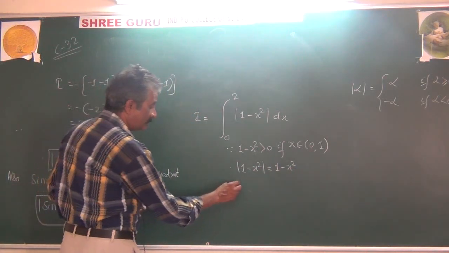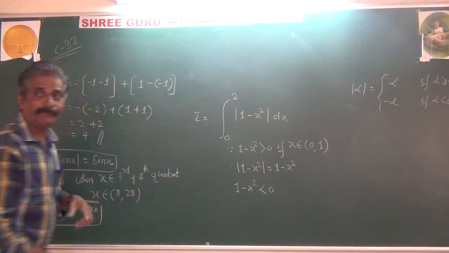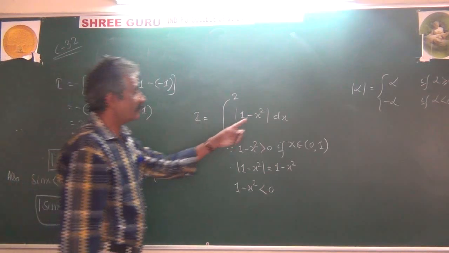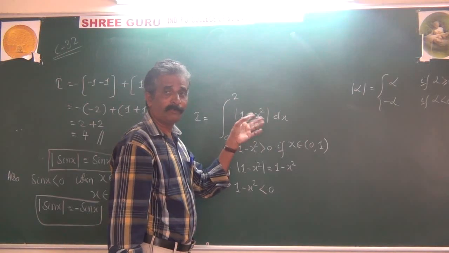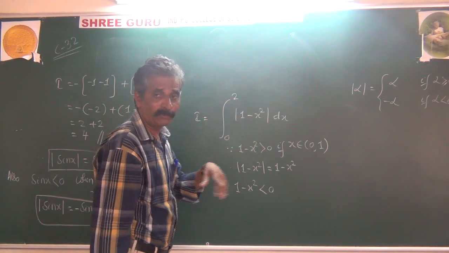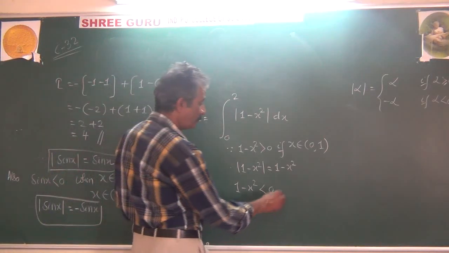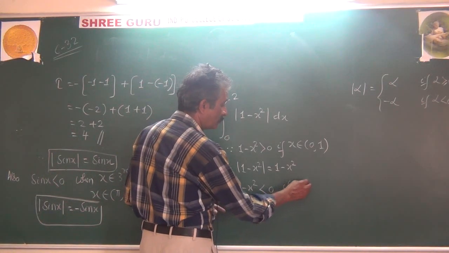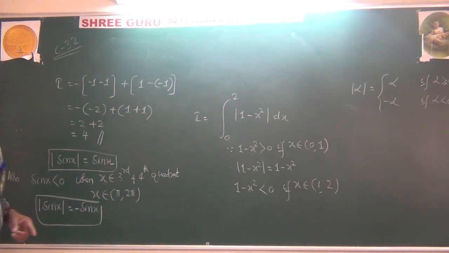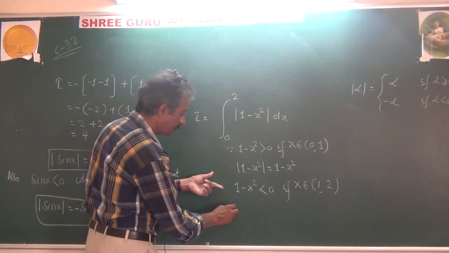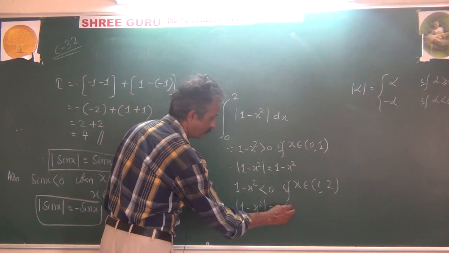Next, 1 minus x square will be negative if x is more than 1, because more than 1 square is more than 1. For example, 1.2 square becomes 1.44. 1 minus 1.44 is negative. So 1 minus x square is negative if x belongs to interval 1 to 2. That means in this case, mod of 1 minus x square equals minus of 1 minus x square.